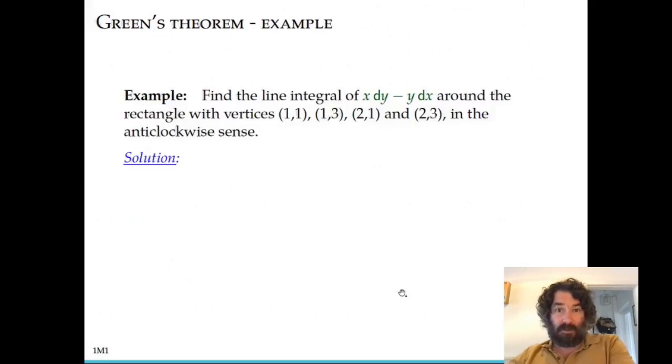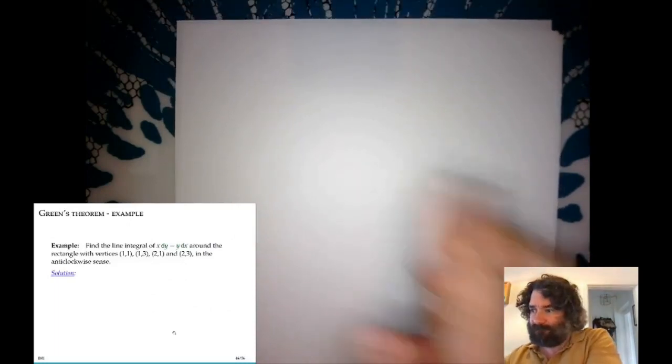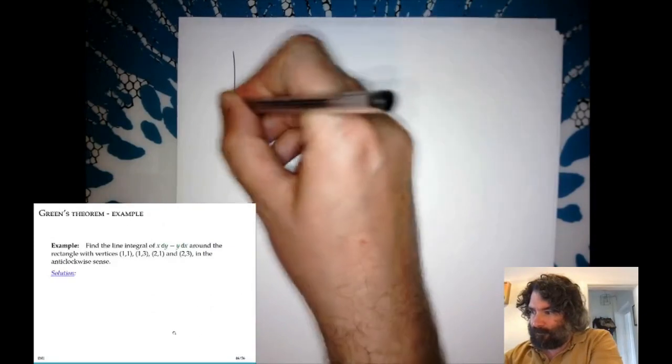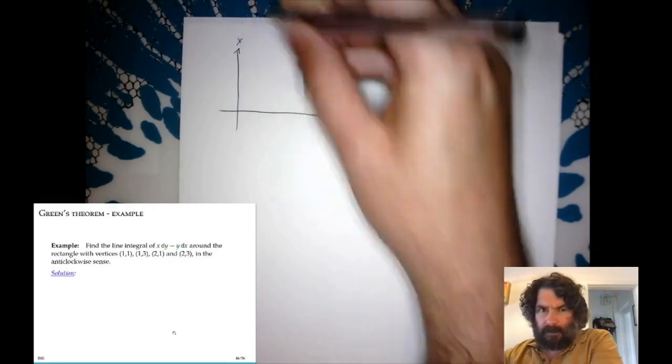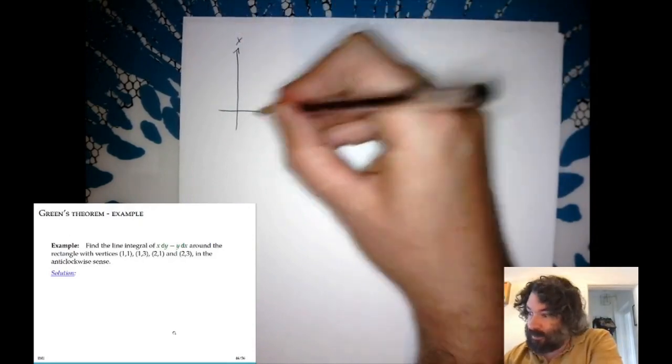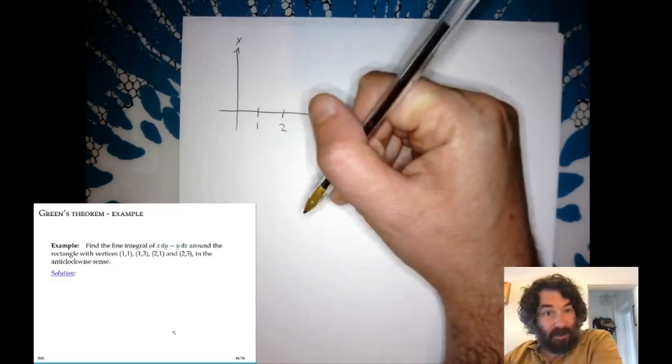Let me do an example illustrating Green's theorem, and then I'll discuss a little bit more about why Green's theorem is true. We want to apply Green's theorem to a line integral around the boundary of a rectangle, around a loop enclosing a rectangle, which is given on this slide. So let me first draw the rectangle. Here we have the x and y axes. x goes from 1 to 2 in the rectangle, and y goes from 1 to 3.